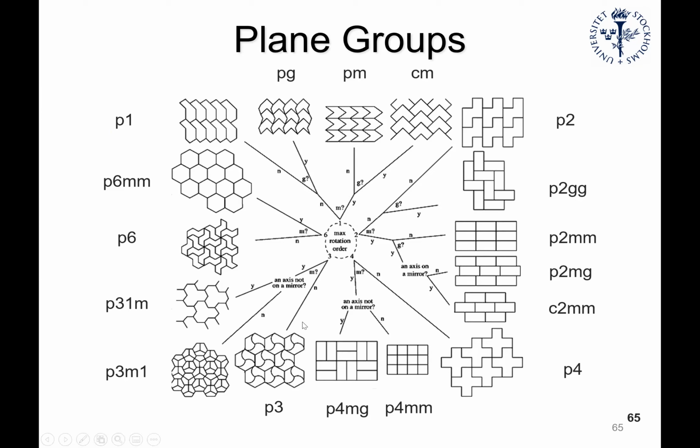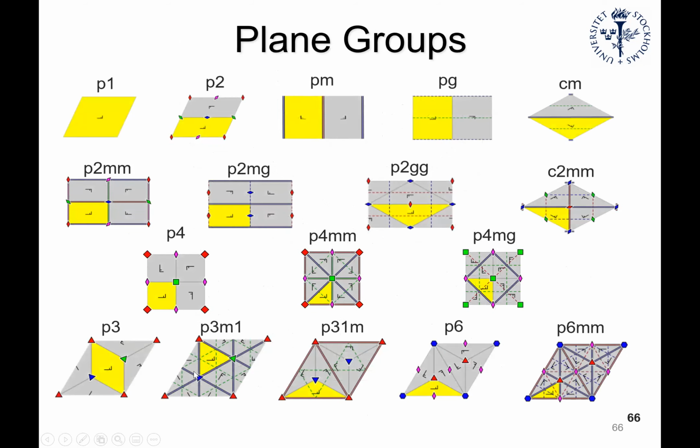And then another one that I want to point out, P31M and P3M1. They have the same symbols, but the positions of the symbols are different. So what's the difference between these two? Well, we can have a closer look. This is again the 17 plane groups, but shown in a different way.